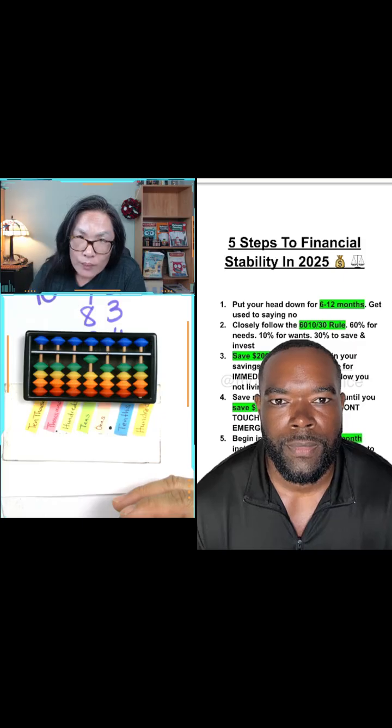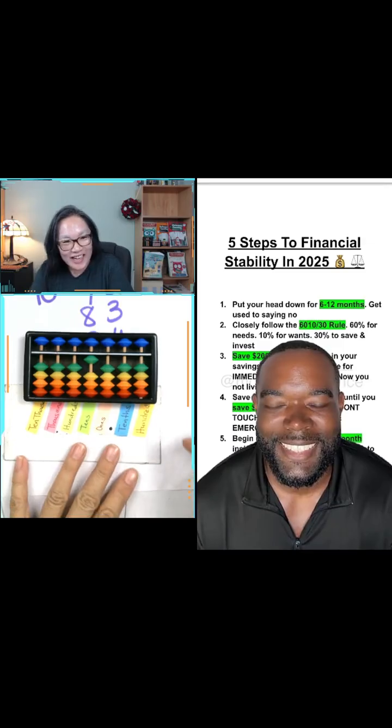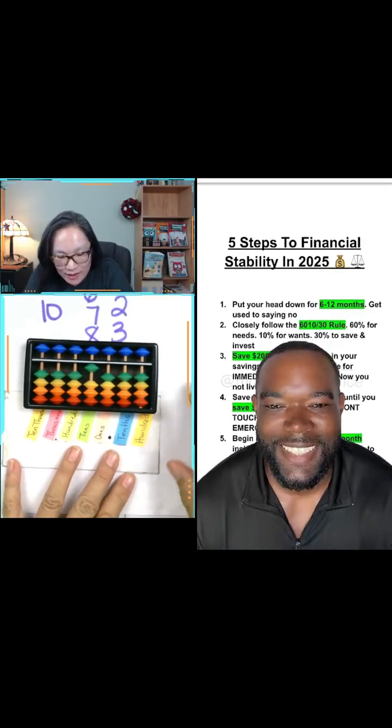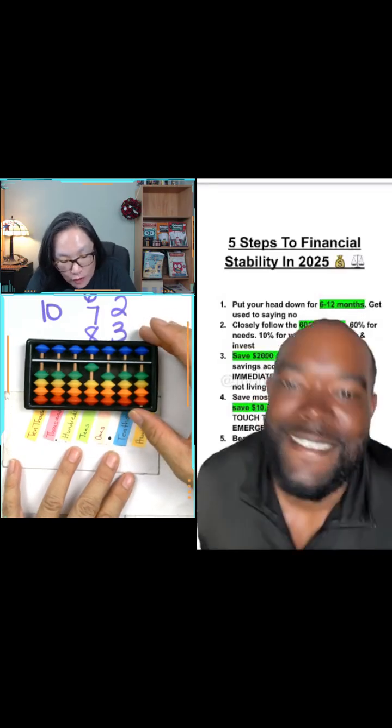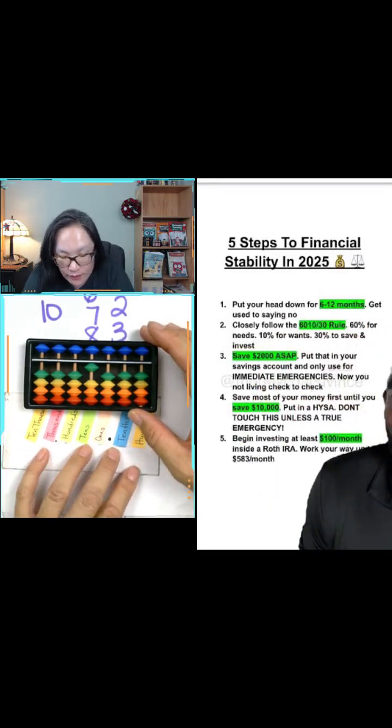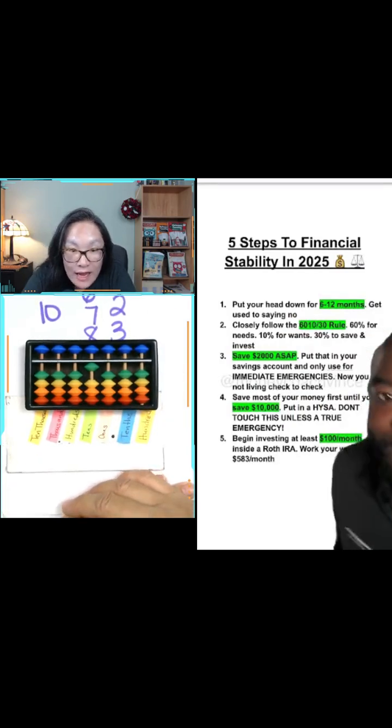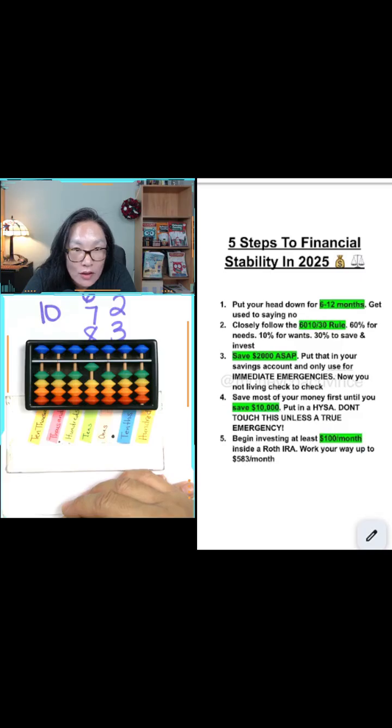Once you can visualize your numbers, you'll be a lot more comfortable and you'll understand the numbers. So that's a little bit of what I have.